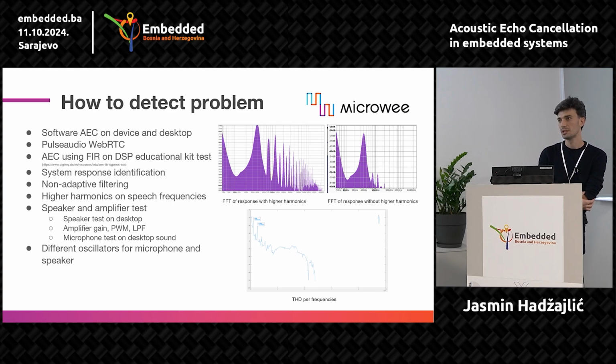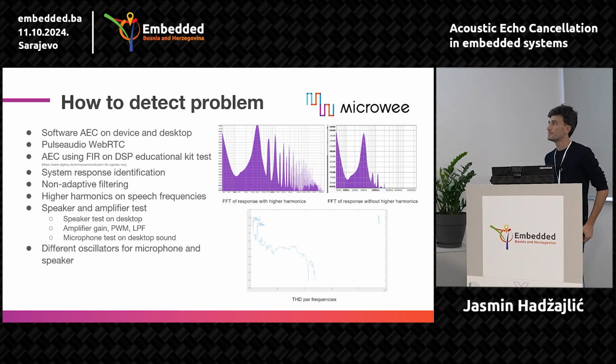Actually, the only one which gave us some result was the Kalman adaptive filter. But for example, for an audio recording around 1 minute long, it took around 15 minutes on a desktop machine to process it. So it wasn't useful in real time.